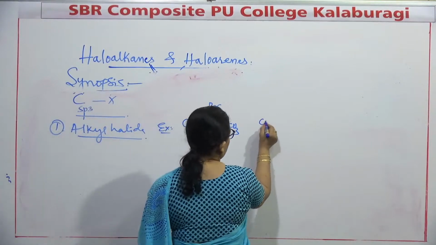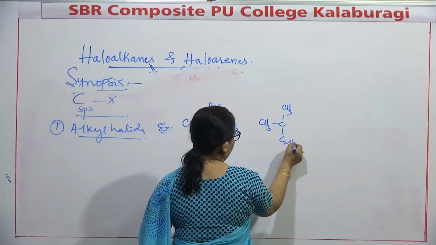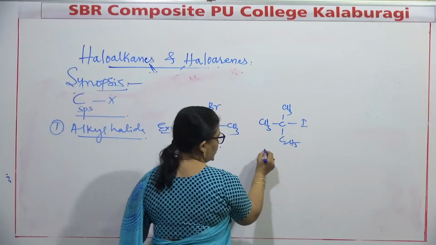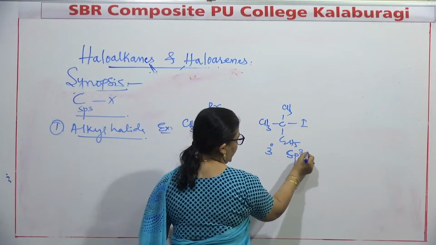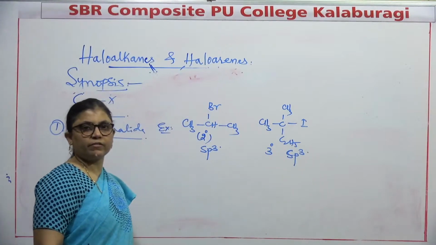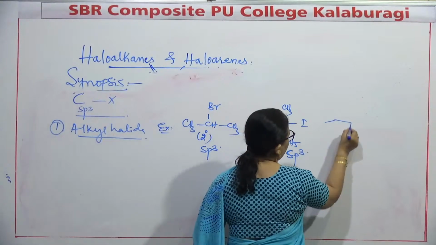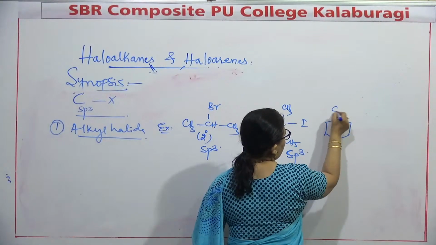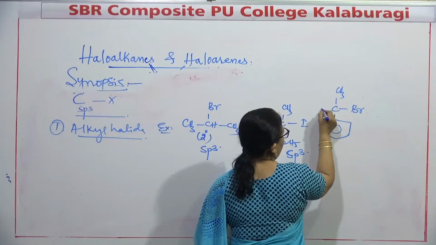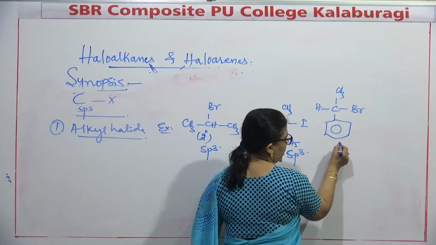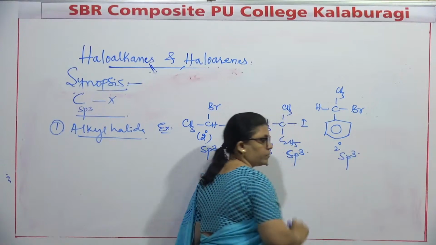Same way, CH3, C, CH3, C2H5, I. This is tertiary, but the carbon is sp3 hybridized. Same way, if you take the example C, Br, CH3 and H, this is a secondary carbon atom, but it is sp3 hybridized.